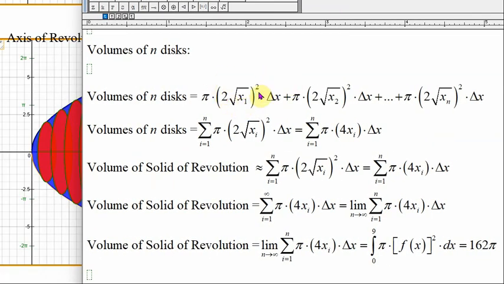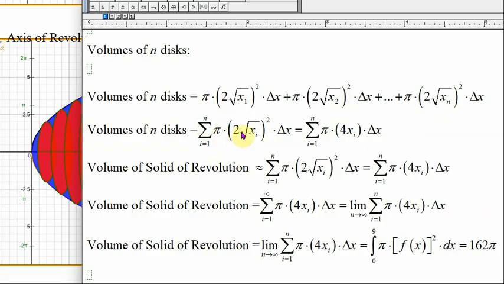This would be the volume of the first disk, disk number 1, the volume of disk number 2, and then this is the volume of the nth disk or the nth slice. Using summation notation, we would have i running from 1 to n.